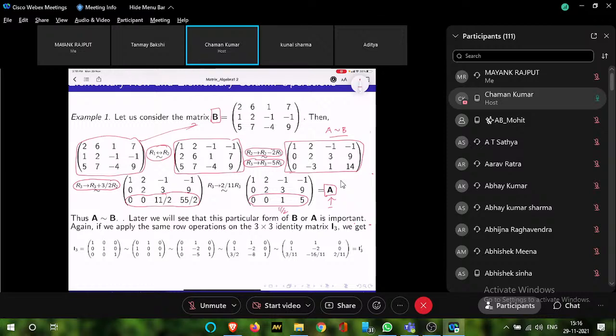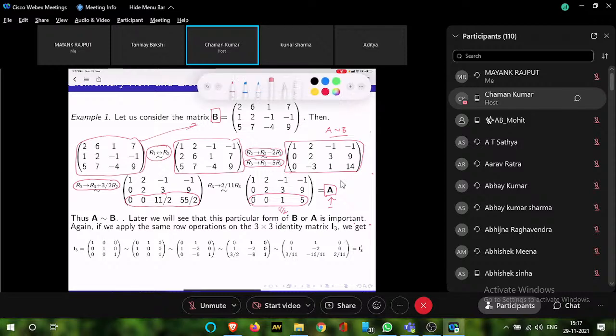You can start from matrix A, choose the elementary row operations in such a way that ultimately you get the matrix B. Okay, so from matrix A also you can go to matrix B after applying certain elementary row operations.